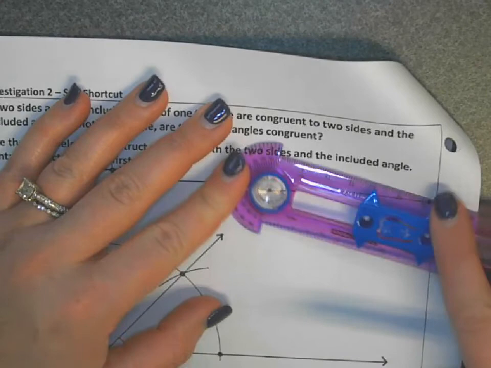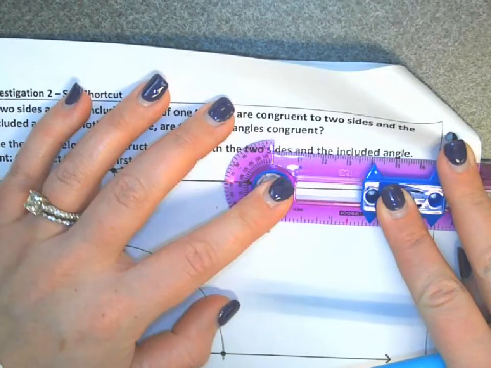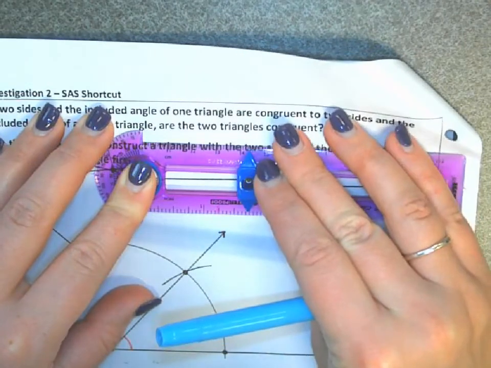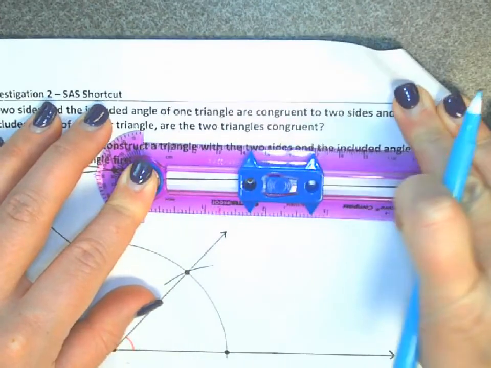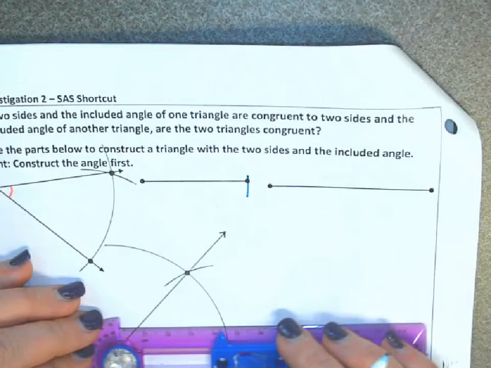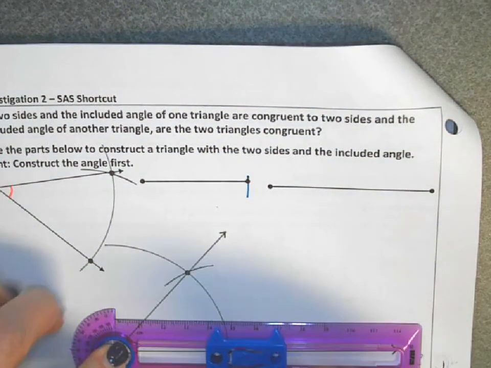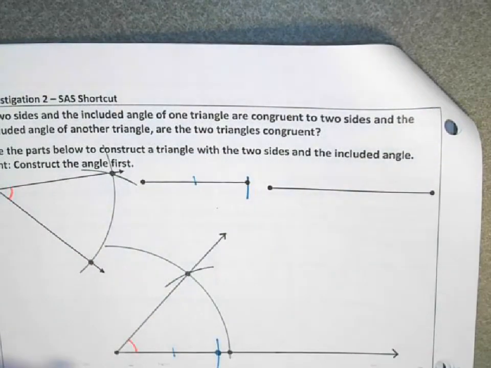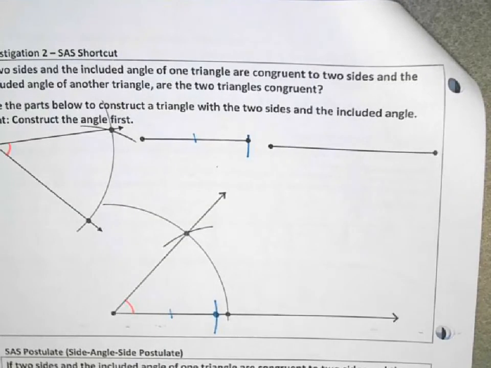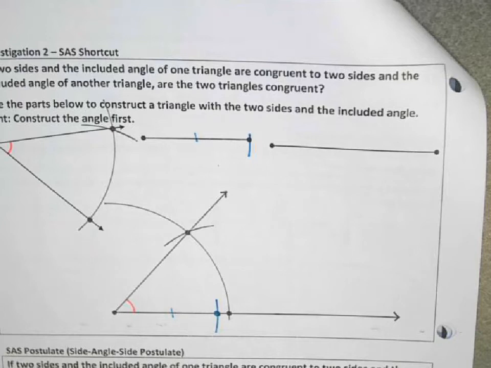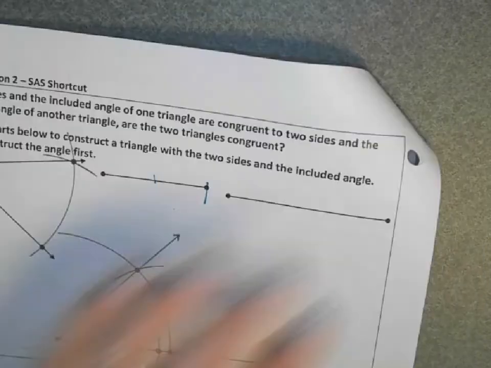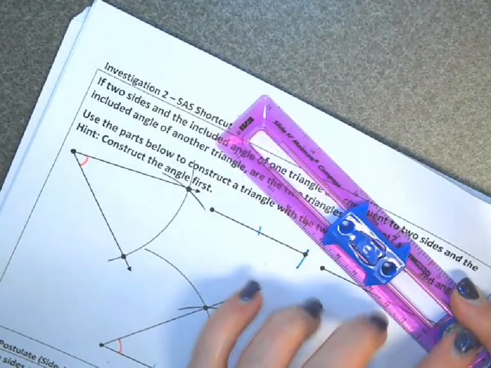Maybe I want the longer one as the bottom, or maybe I'll do the shorter one as the bottom. And maybe I'll do the longer one as that one up top.